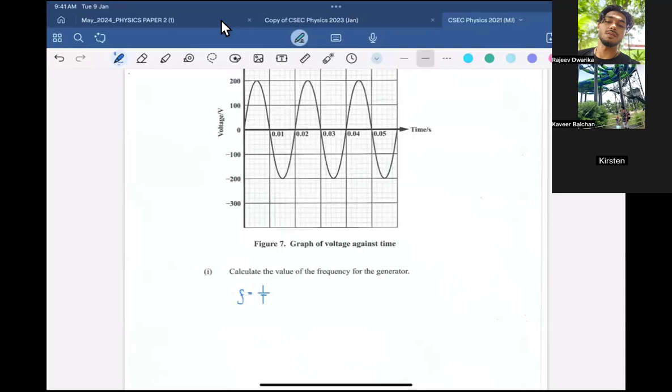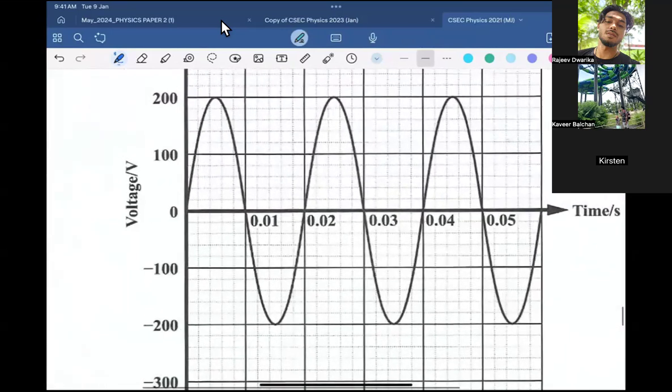Right. So what is the periodic time here? What is the time it takes for one oscillation? Look at the graph. 0.01 second? Oh wait, no, 0.02. Right. That is one oscillation.